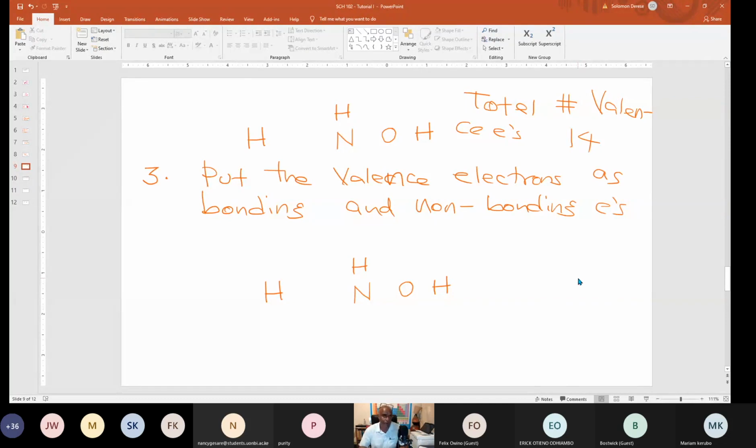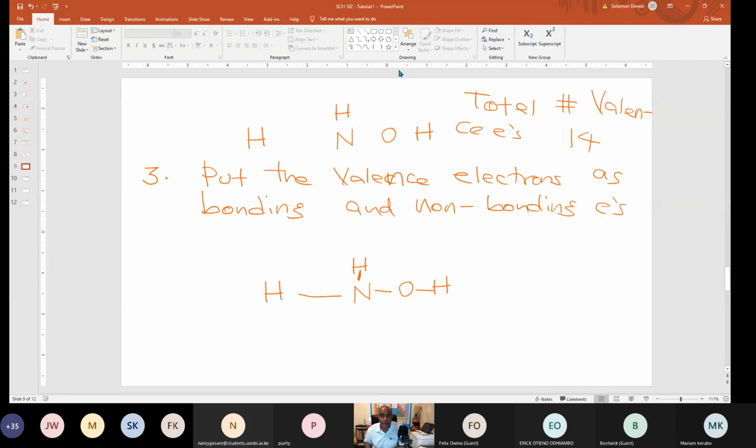They have given us a chemical compound, isn't it? They have formed a bond with each other. So we must use these electrons to form a bond. And the bond is represented by a single line like this. So we put a line, a line, a line, like this. Then each of these lines represents 2 electrons.